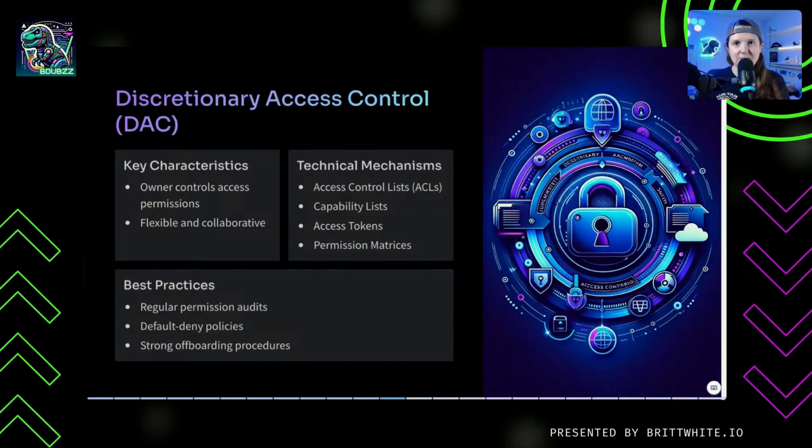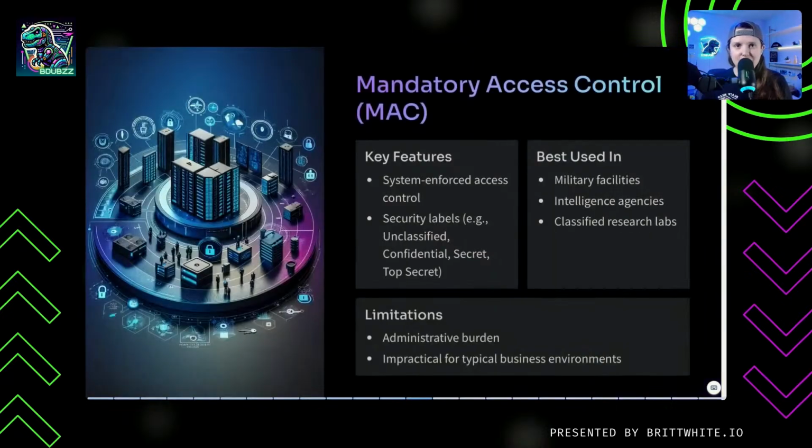Now, I want you to imagine Mandatory Access Control, or MAC, as a classified document facility where a central security office, not individual employees, controls all access. With MAC, the system enforces all access decisions, not the asset owner.